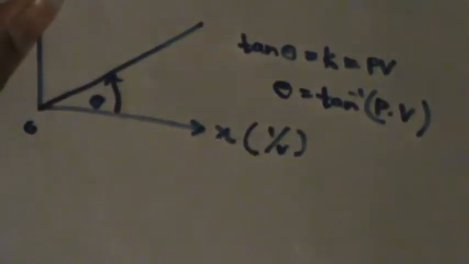And tan theta will be equal to K, so that is equal to PV. Tan theta will be equal to PV, so theta is equal to tan inverse of P times V.